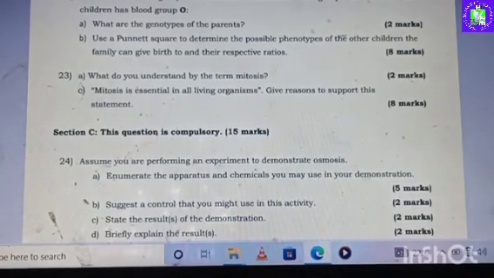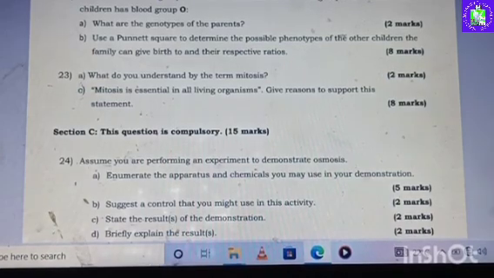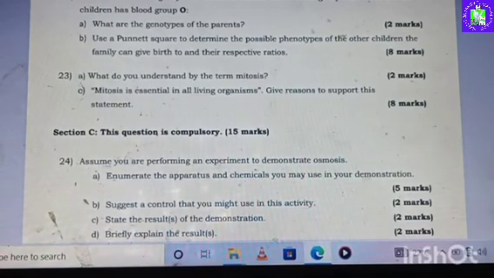After a minute, water will move from the beaker to the Irish potato. That is water. Yes.